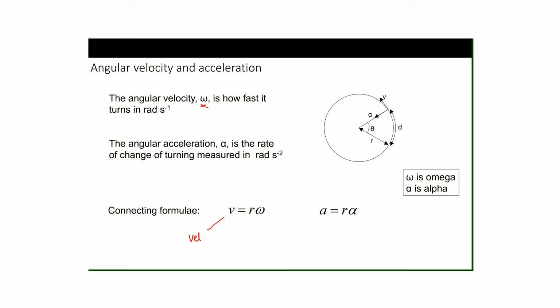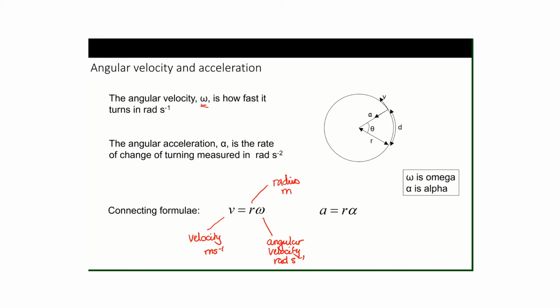So the velocity in metres per second is linked to the angular velocity in radians per second by the radius, measured in metres.